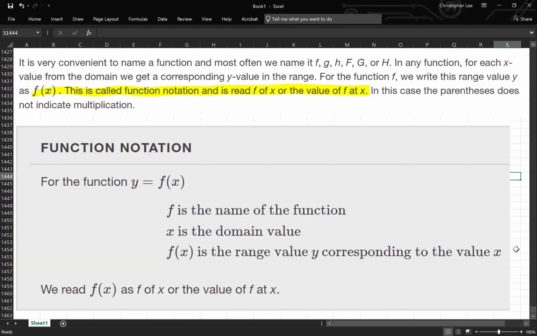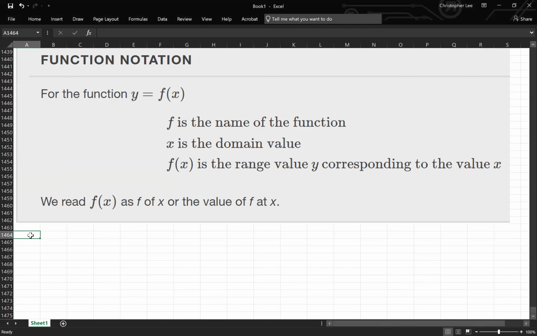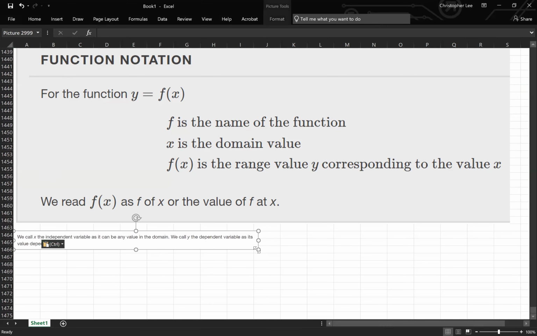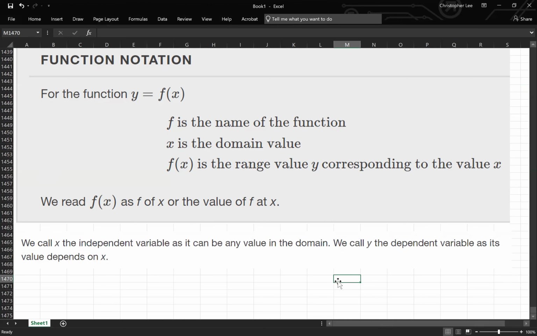So we read f of x as f of x or the value of f at x. Sometimes you might hear this referred to as domain and range. We call the x value the independent variable, as it can be any value in the domain. And we call the y the dependent variable, as its value depends on what x is.